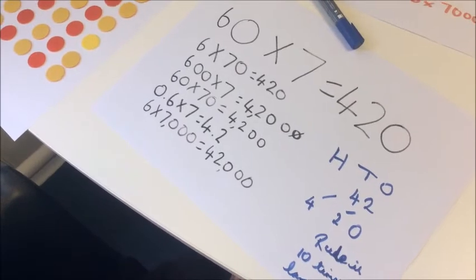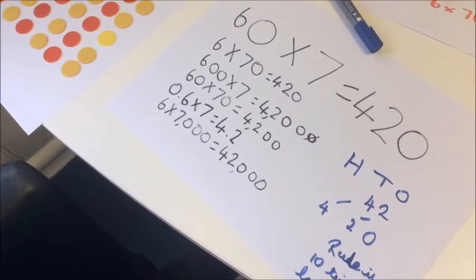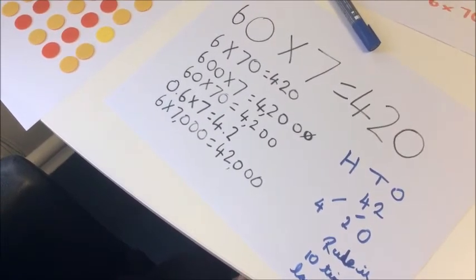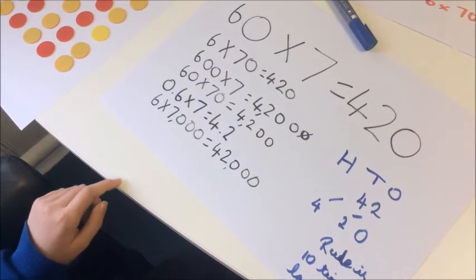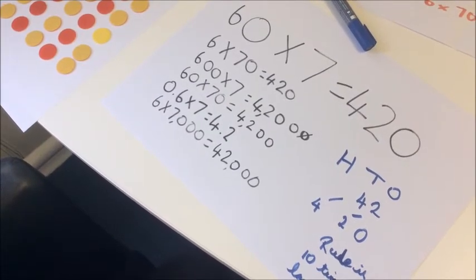Okay, this one, which is the one second from bottom, 0.6 times 7 equals 4.2. So what happened here? So instead of moving 1 column to the left, it's moved down 1 column to the right. And why is it moved 1 column to the right?